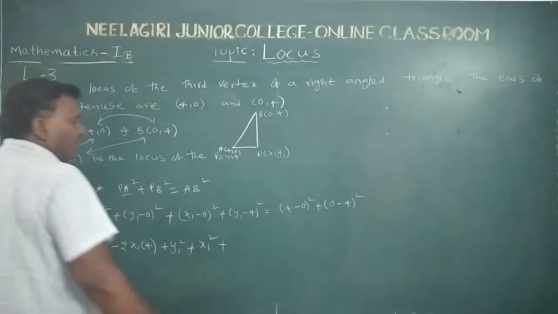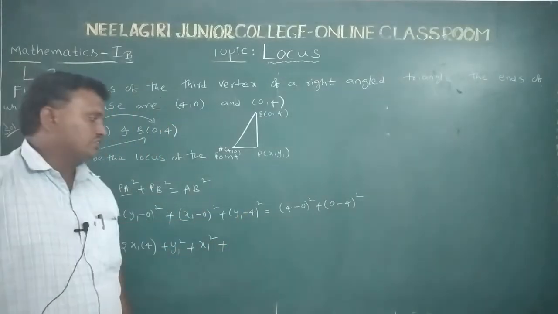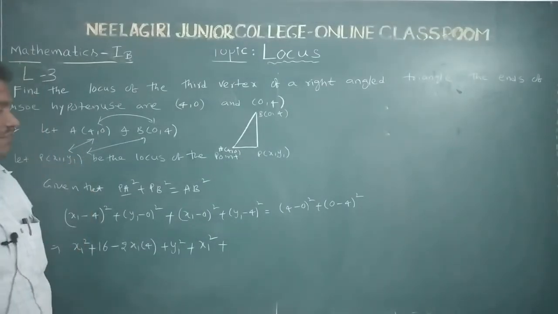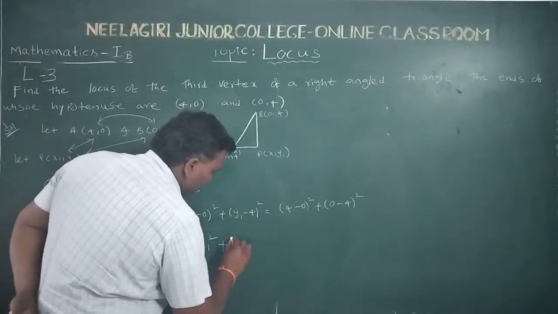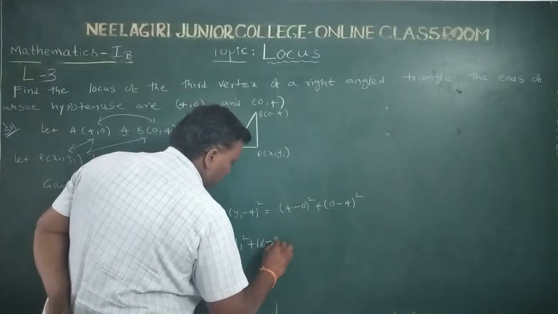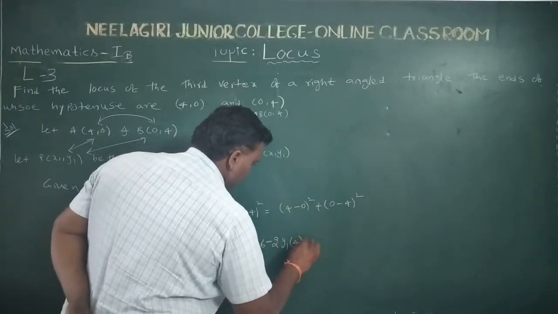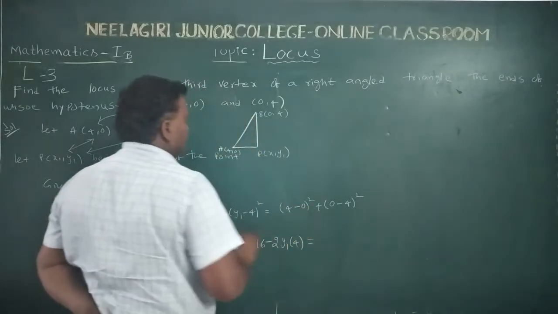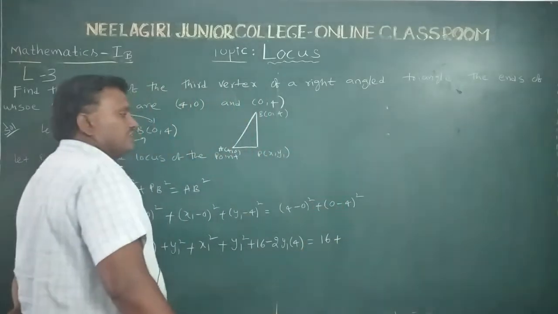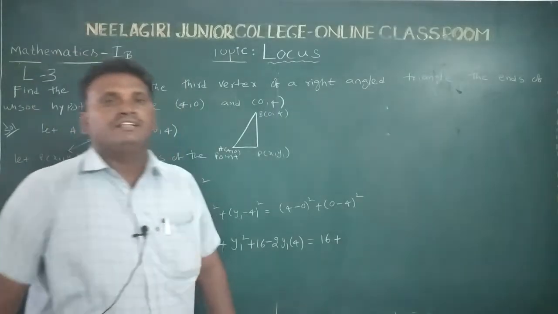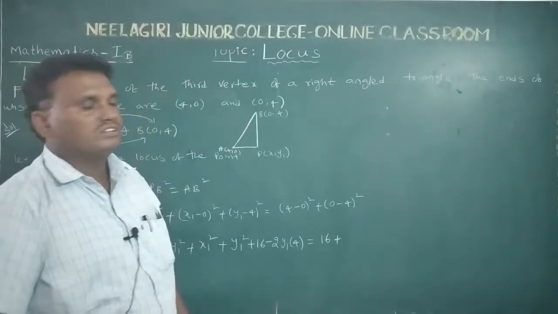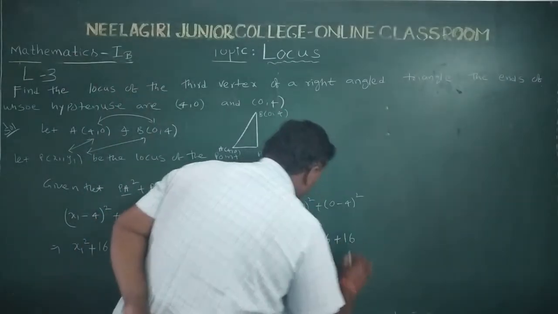Again (a minus b) whole square is a square plus b square minus 2ab: y1 square plus 16 minus 2 into y1 into 4. (4 minus 0) whole square is 4 square, 16. (0 minus 4) whole square is (minus 4) whole square; power is an even number, so minus 4 whole square is 16.